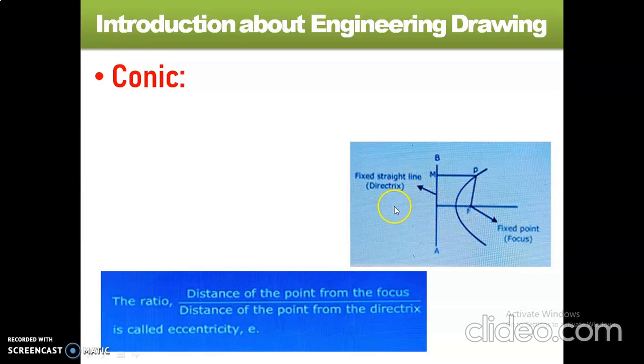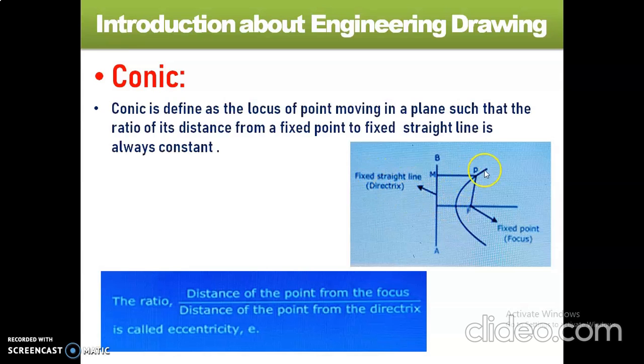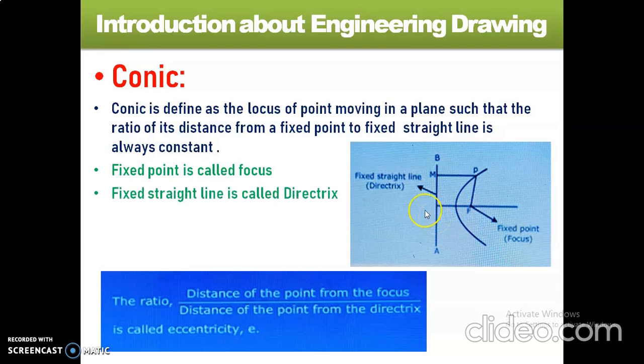That is called conic. F is the fixed point, and the fixed point is called focus. The fixed straight line is called directrix.